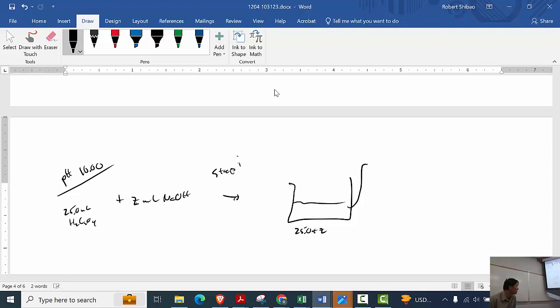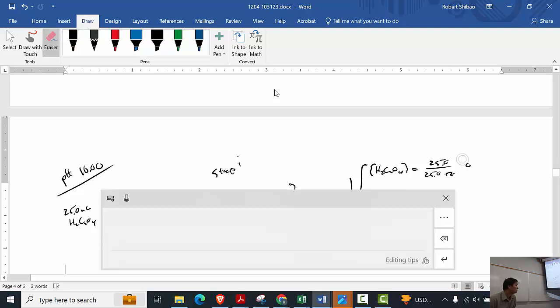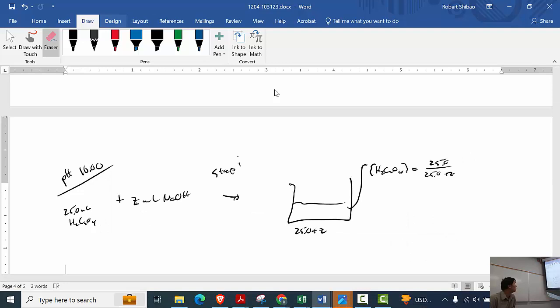And then I'm going to go ahead with the solution dilution. I have my oxalic acid here, and it's going to be 25.0 over 25.0 plus Z dilution of 0.200 molar. This is going to be the initial after solution dilution.